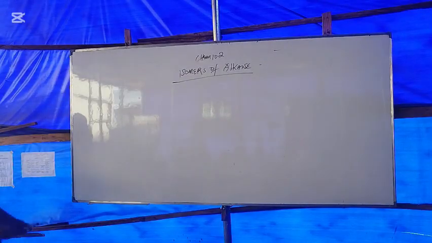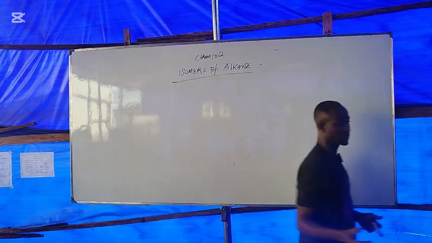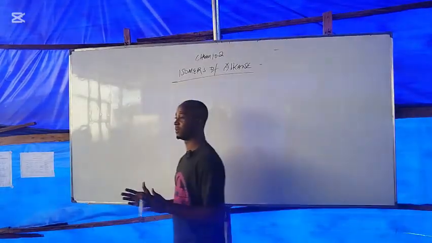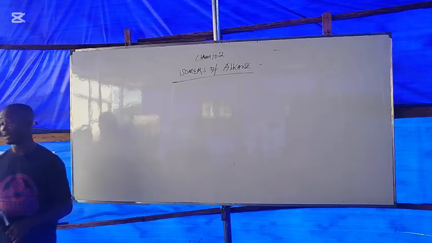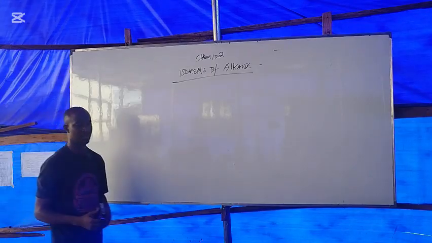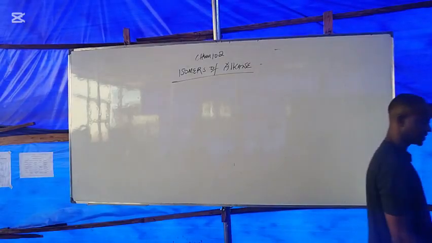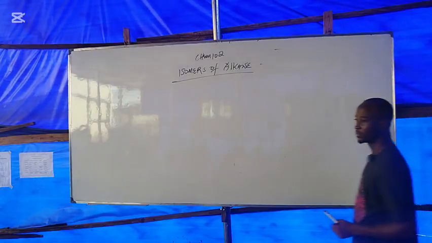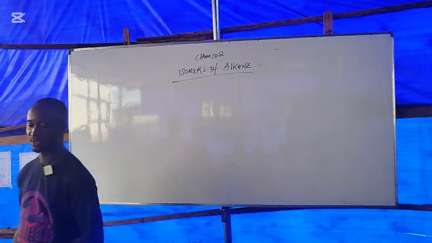When you hear the word isomerism, it is the existence of two or more compounds with the same molecular formula but different structural arrangements.